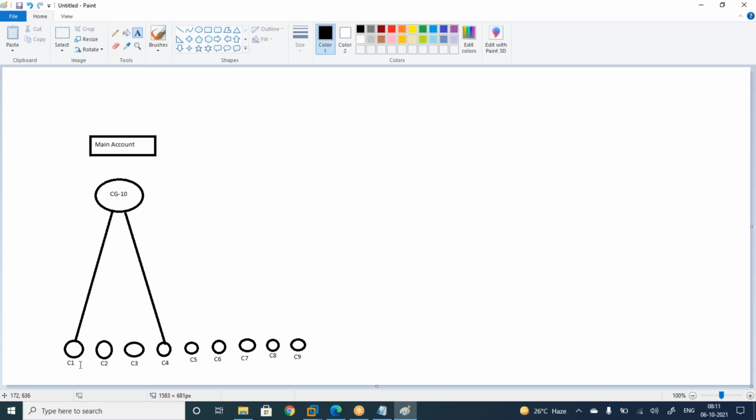What we are doing is, customer 1 and customer 4 are linked to customer group 10. This customer group 10 is linked with one main account.